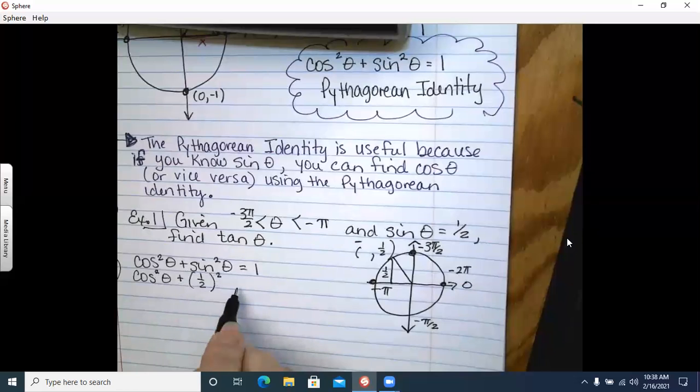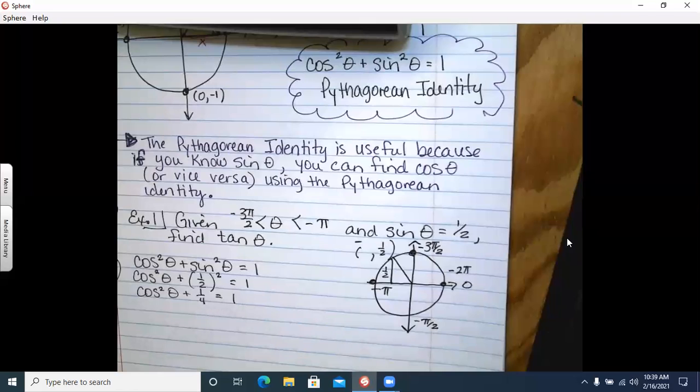Don't forget to square it or we'll mess your whole problem up. All right, so let's solve this. Cosine squared of theta, I don't know. Bring it down. Nothing to do there. Now, 1/2 squared, doesn't that mean 1/2 times 1/2? And what is 1/2 times 1/2? 1/4. And that equals 1.